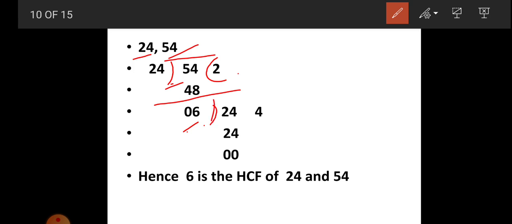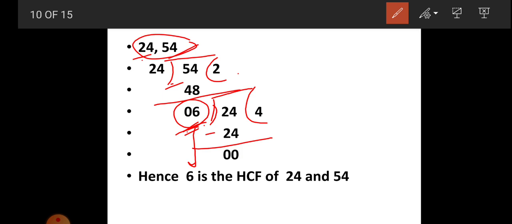So we write here, 6 fours are 24, remainder 0. So this 6 is the SCF of 24 and 54. Understood students? It is very easy.